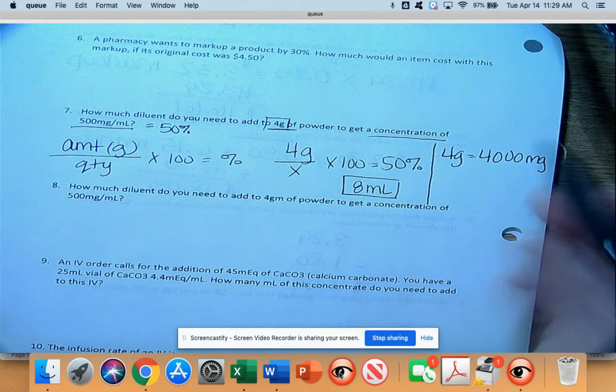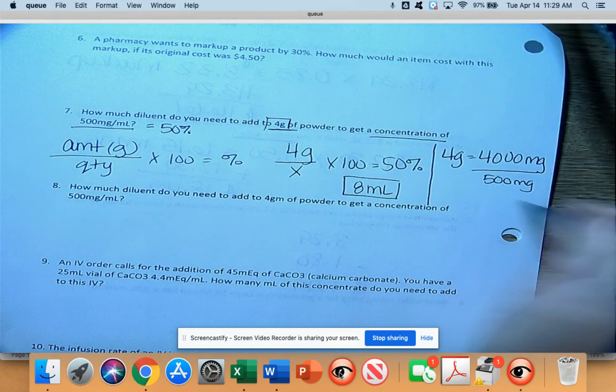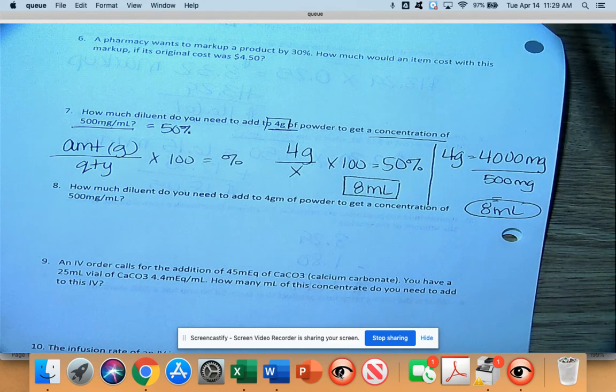To do that, I would just take my 4,000 and divide it by 500 milligrams, and that would get me my 8 milliliters. You will probably see this on your final or a very similar problem, so be sure you understand how to approach that problem.